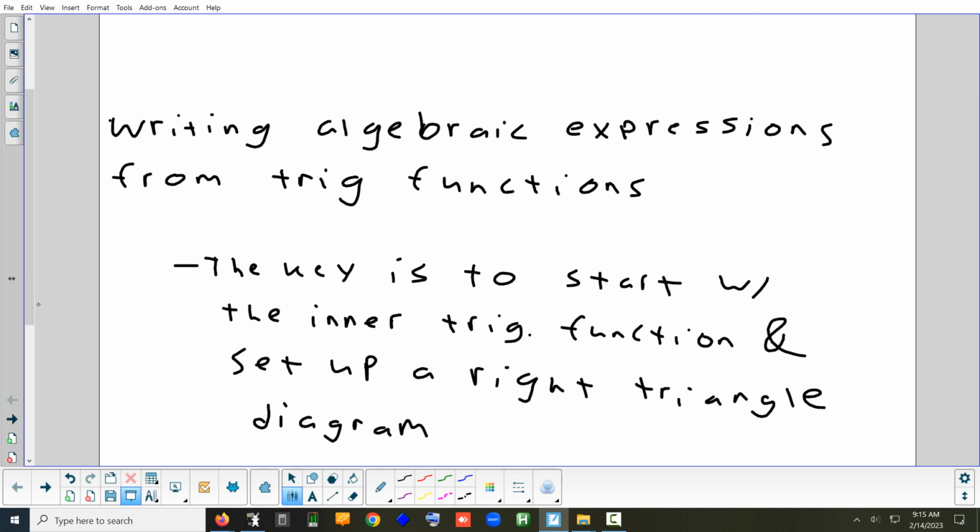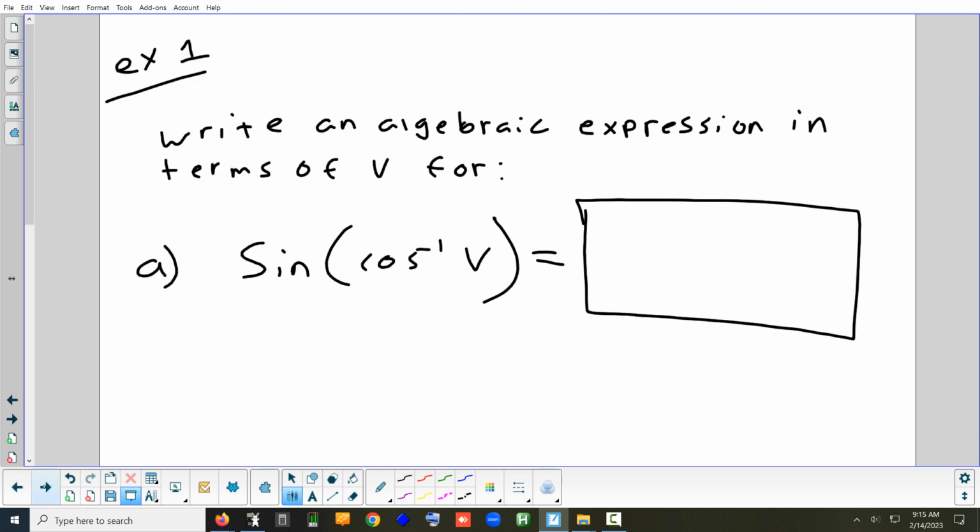So first thing it said to do is start with the inner trig function. What's the inner trig function here? Yep. Inverse cosine v. We're going to forget about sine for now. We're going to come back to it, but we're not going to use the sine here till the very last step in the problem. We're going to focus everything on this inner trig function.